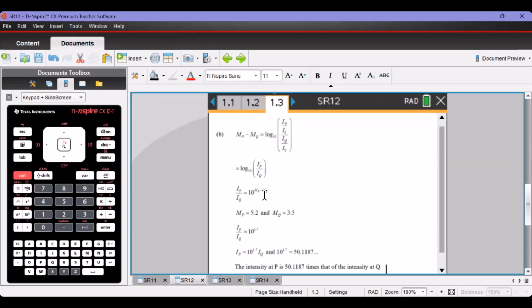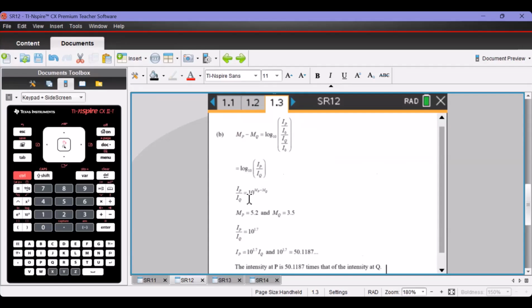So MP minus MQ becomes 10 to the power of MP minus MQ. And 10 to the x and log to the base 10 of x are inverse functions of each other, so 10 to the power of log to the base 10 of IP on IQ will just give you IP on IQ.